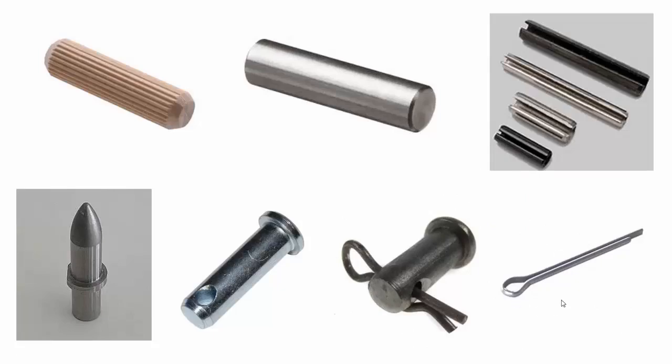And here on the bottom right, you see another style of cotter pin. So these are pins that are going to keep something from moving out of place, but that are not going to be under very heavy load. So you would find a clevis pin there as a means of guaranteeing that a nut, for example, is not going to back out of its place.